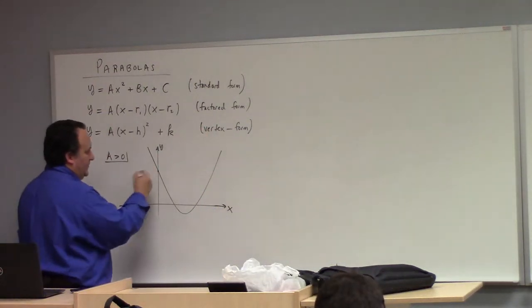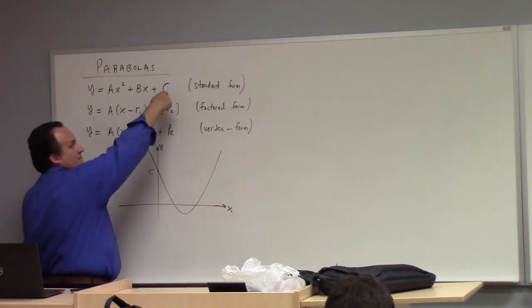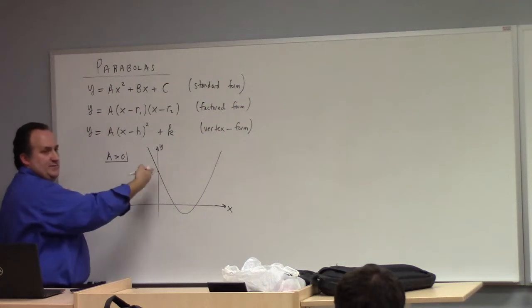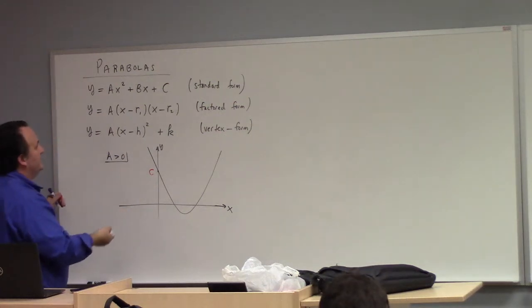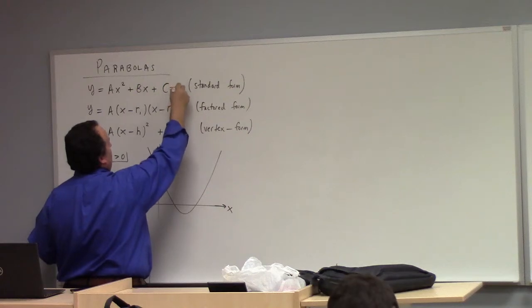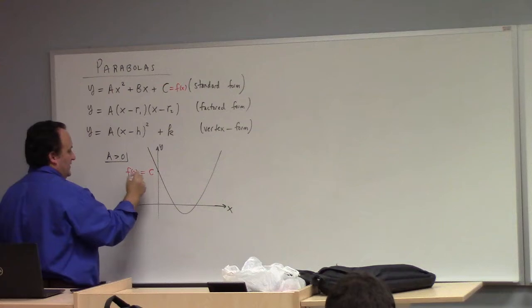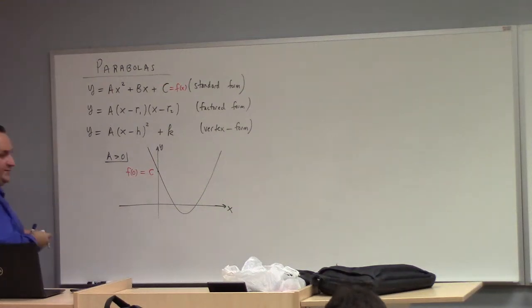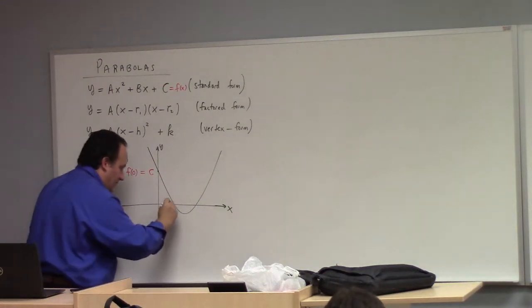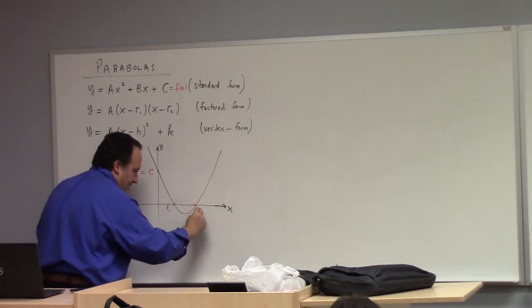First of all, the y-intercept is at c. If I call this thing f of x, then f of 0 is equal to c. That's the y-intercept. And of course the roots, r1 could be this, r2 could be that.